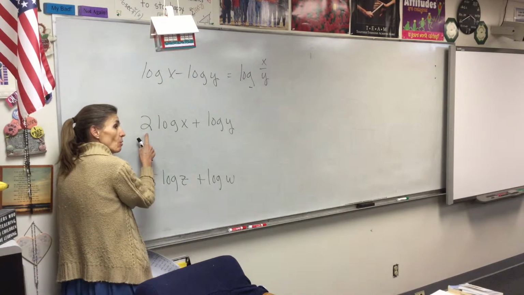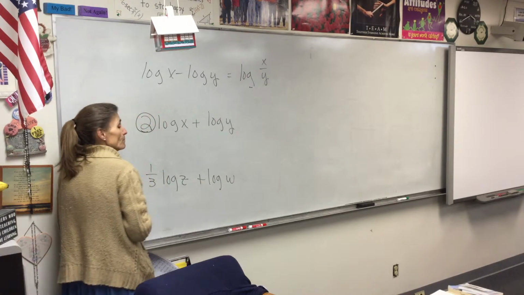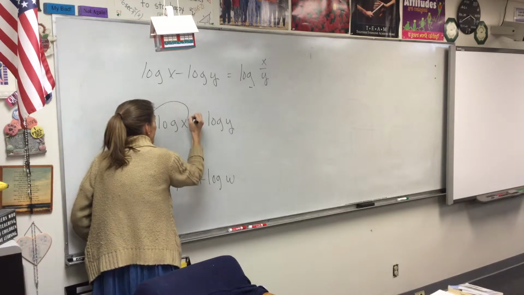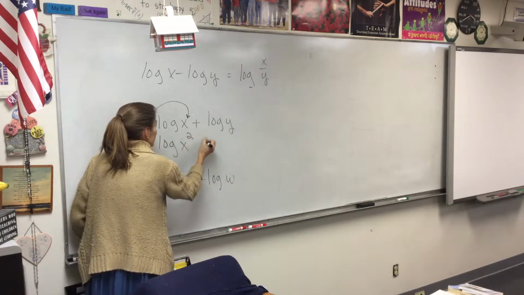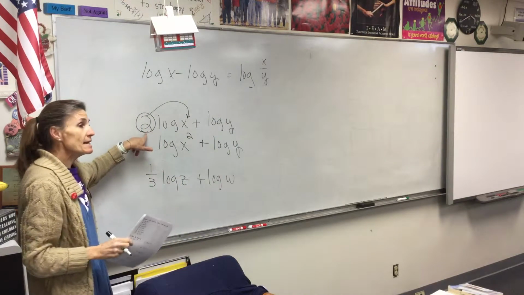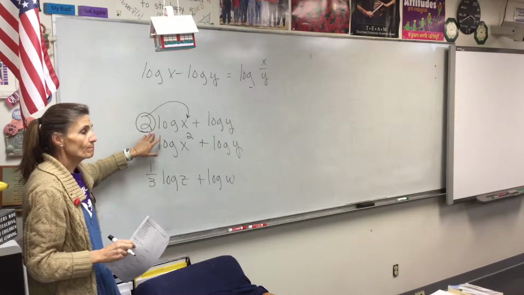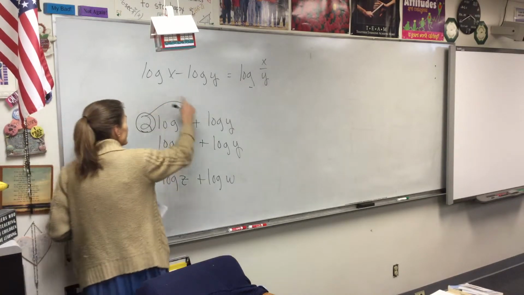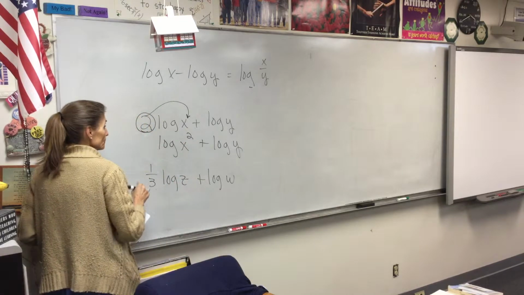This has to be dealt with first. A coefficient in front of a logarithm becomes an exponent. So anytime you have a number out in front of a logarithm, it can be written as an exponent on the thing you're taking the logarithm of.